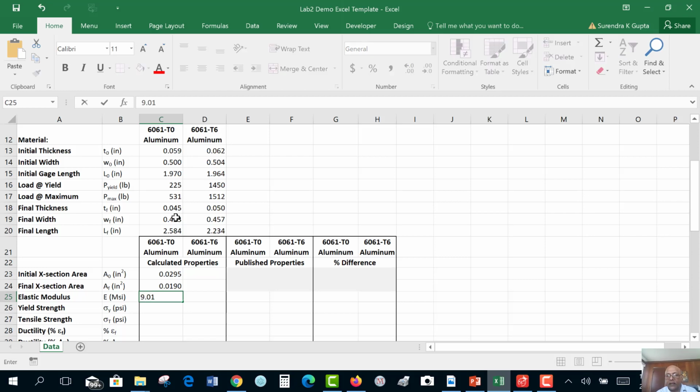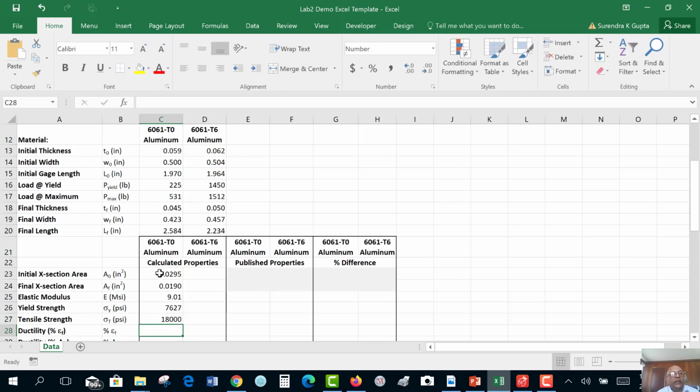We could do much better, but I just let the machine measure it, and I'm not very concerned about elastic modulus. But yield strength will be load at yield divided by original area. Tensile strength, maximum load divided by original area.